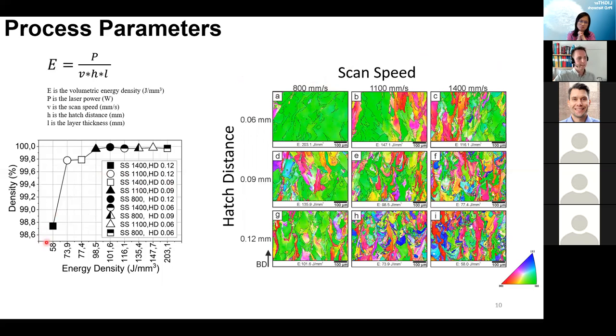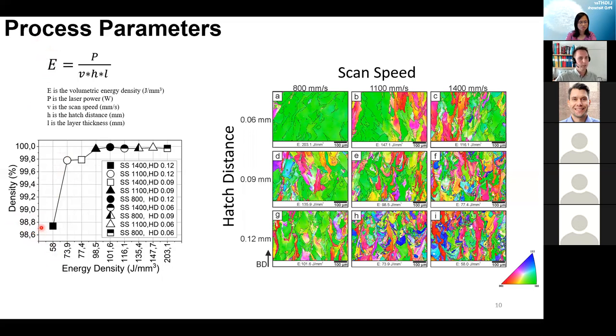If we then look at the density, or the amount of pores and defects that we have in the materials, we can see that this one that has the lowest energy density, the lowest E, is having a density close to 98.8. It was actually 98.7. This, even if the drop looks very drastic, is still a very high density.